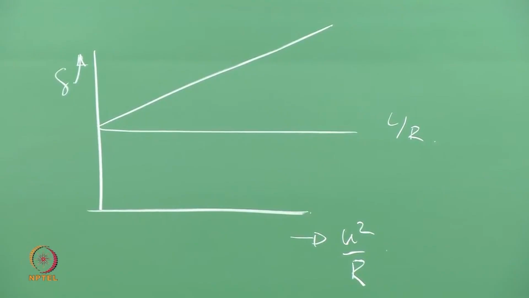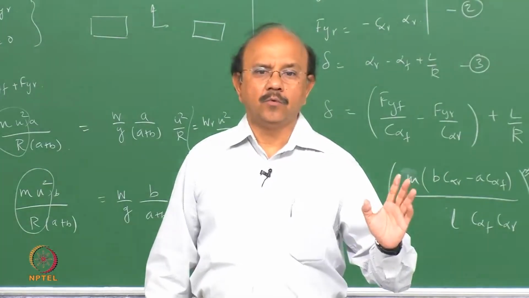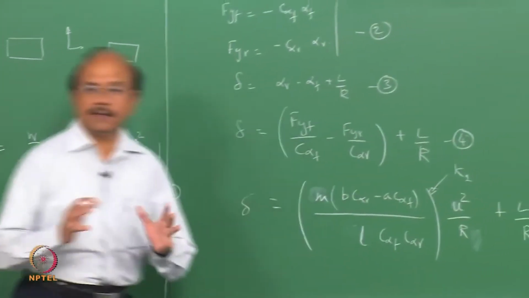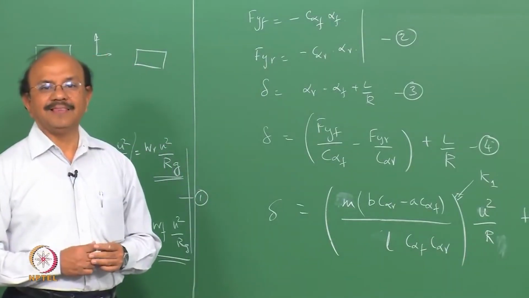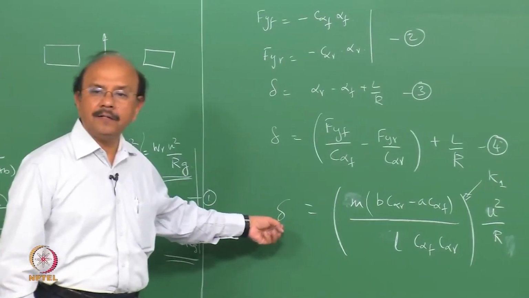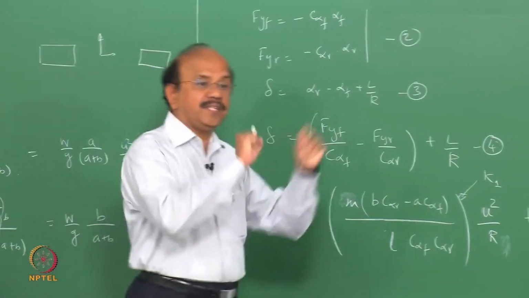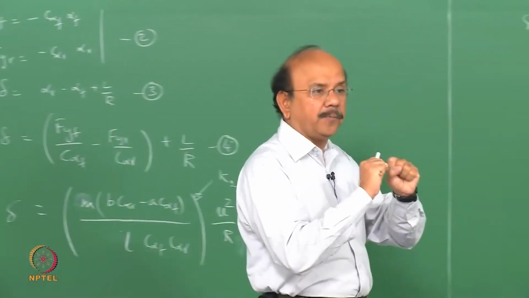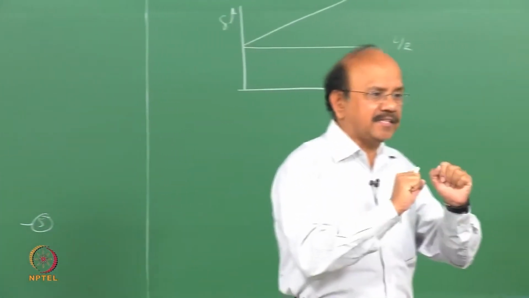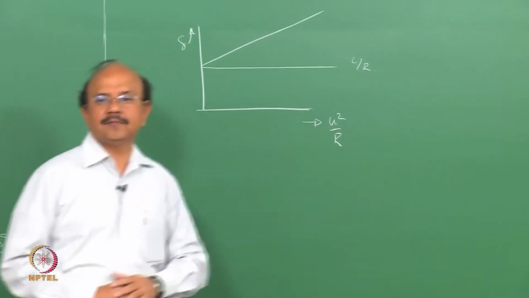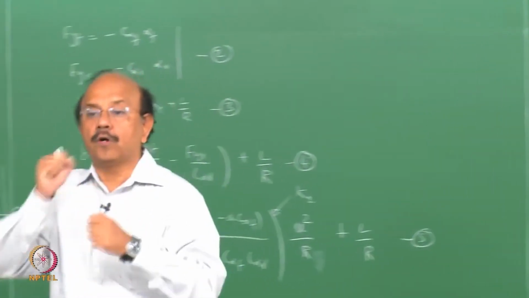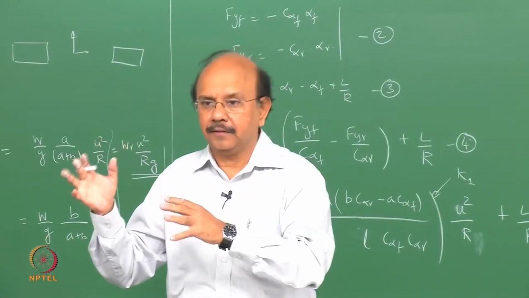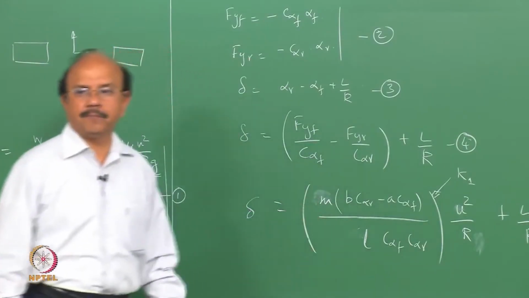That means that if I have to take a cornering, or in other words maneuvering, with the same R, if I now increase the speed of the vehicle, then I have to increase my steering angle. So the steering input that I give depends upon the speed of the vehicle, and it increases with an increasing speed of the vehicle. So that's why we say that it is understeered. I have to give more and more steering if I now increase the speed. It comes out very clearly from this expression.